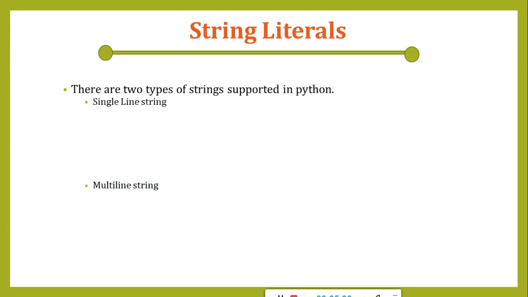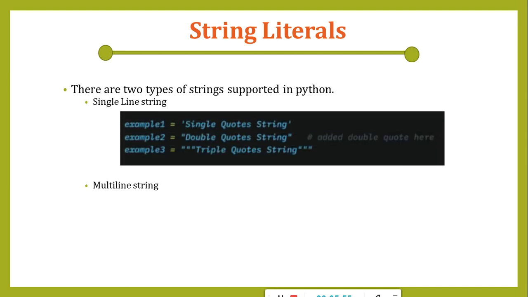Now moving forward, there are two types of strings supported in Python. In the previous slide we saw that strings can be single line or multi-line. That is what we are going to see here: what a single line string is and what a multi-line string is. A single line string is when we mention a string within one line only.